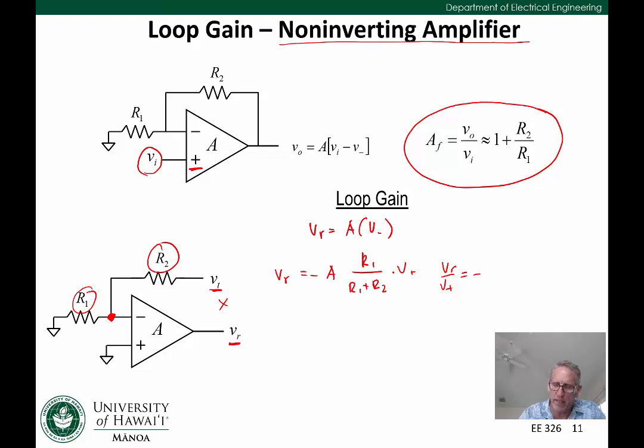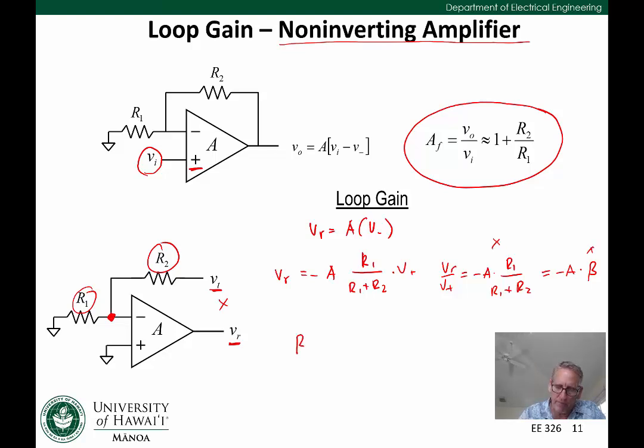And we're going to say that's equal to minus A times beta. So by inspection, just looking at this term and this term, beta is equal to R1 over R1 plus R2.